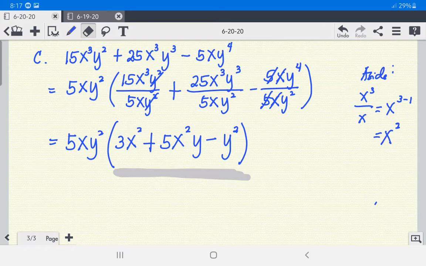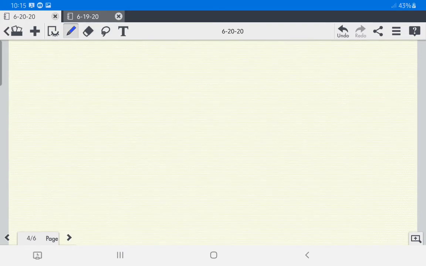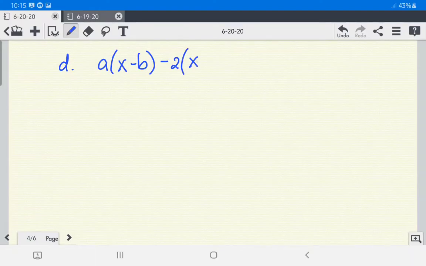Let us have another example. Let's say 8 times x minus b, then minus 2 times x minus b. It looks complicated, but it is very easy. So what are you going to do? Just copy the common monomial factor, which is x minus b.